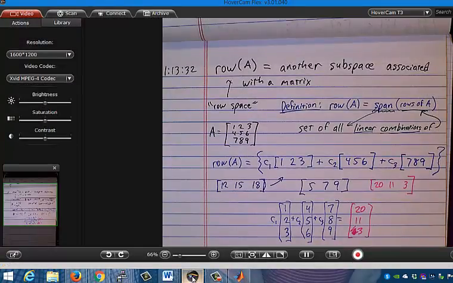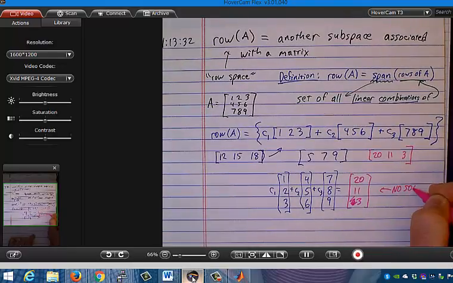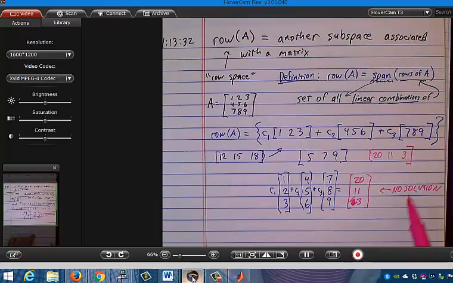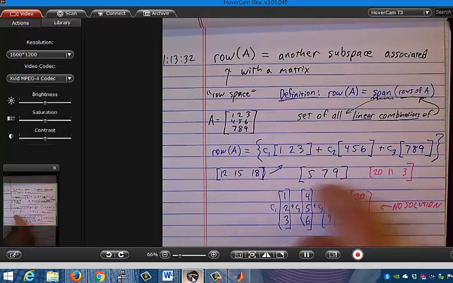So this thing, we notice, has no solution. So what did we just prove? We proved that not everything is in the row space of A. A lot of things are, but some things aren't.